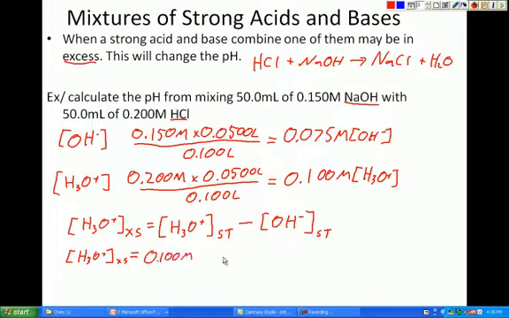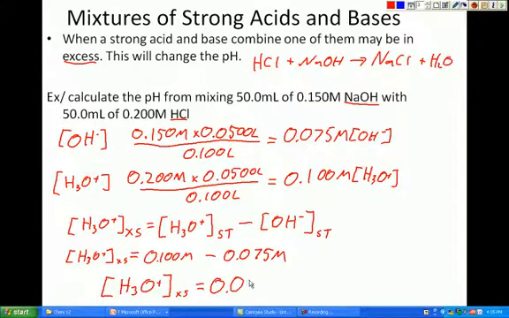So in other words, H3O plus excess is going to be this 0.100 molarity. Now we can just minus this 0.075, and we find that our concentration of H3O plus excess equals 0.025 moles per liter.